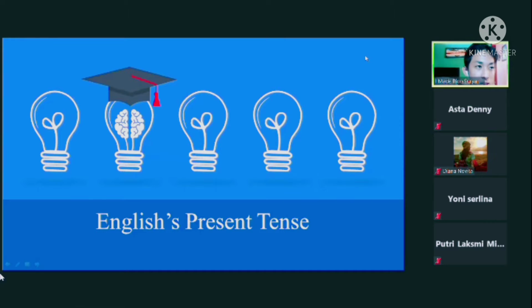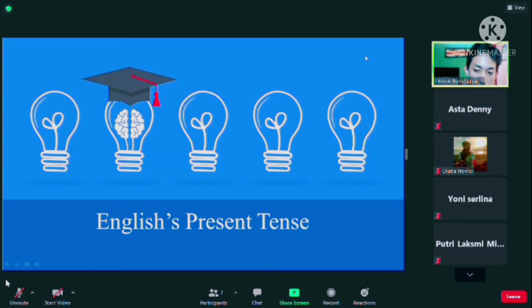Sub main points are more like the tenses that we use in present tense itself, such as simple and continuous. Can you mention the remaining two? Maybe anyone, before I give an overview of the English present tense itself.